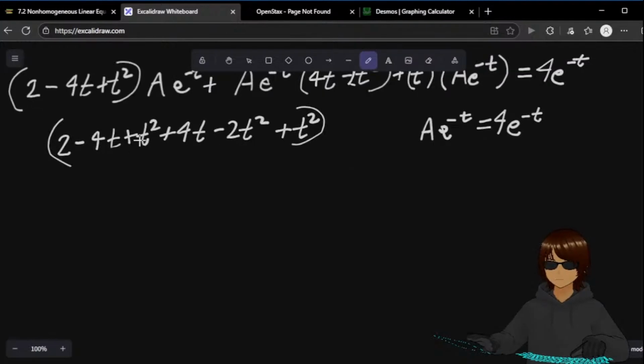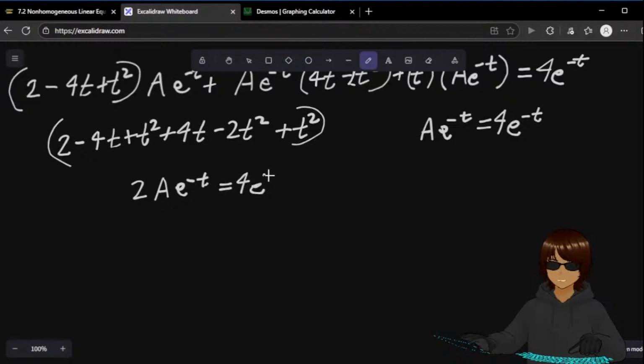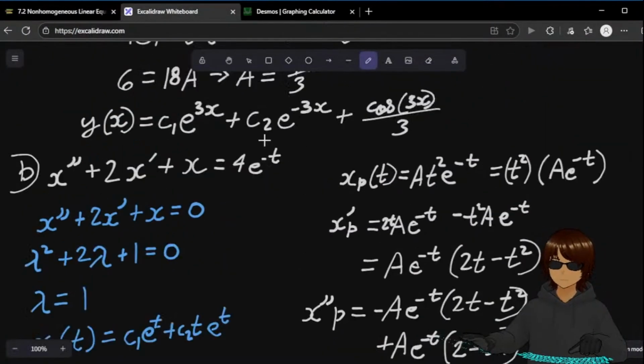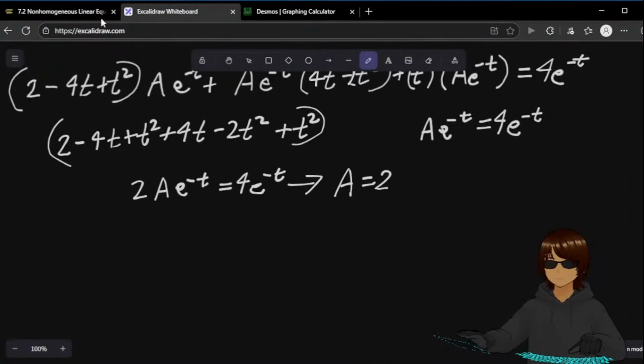Now t square will cancel out with minus 2t square. T and t will cancel out. We are left with 2. Is that right? 2a e minus t gives you 4e minus t, implies that a is 2. Did that solve? A is 2. Yes. Yes.